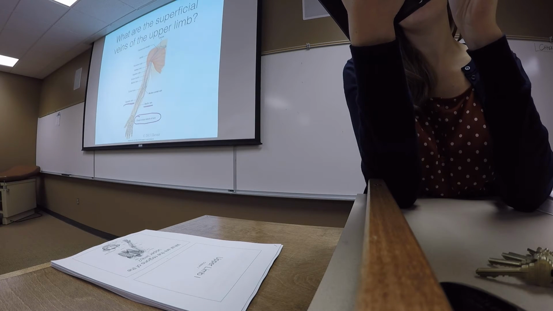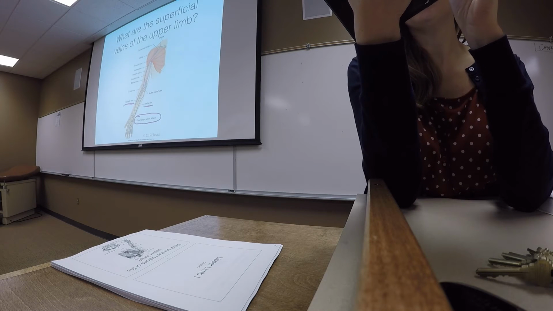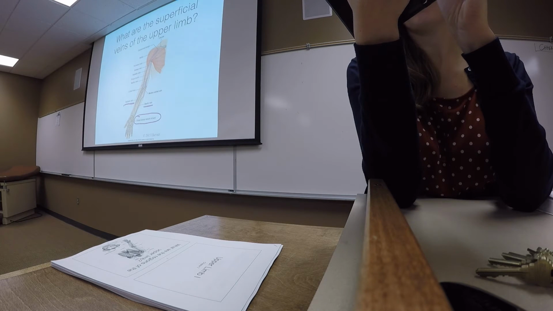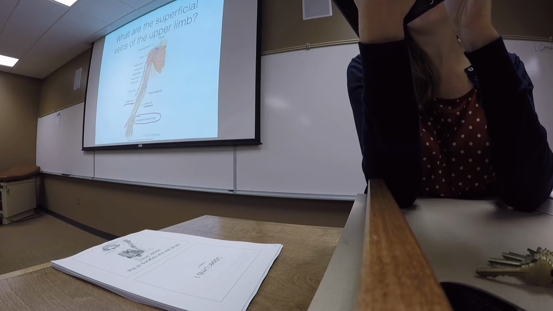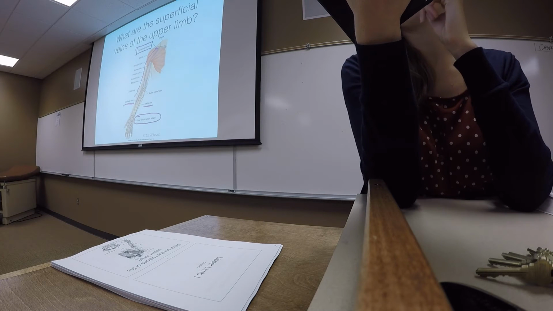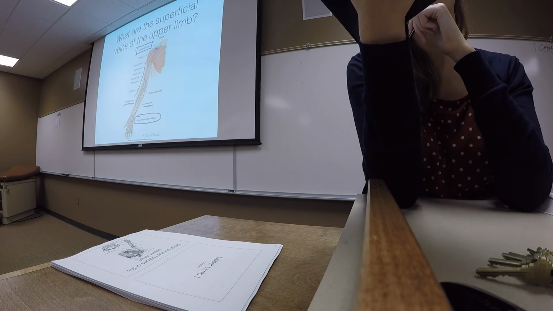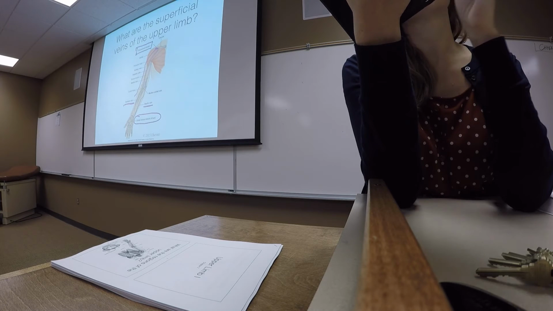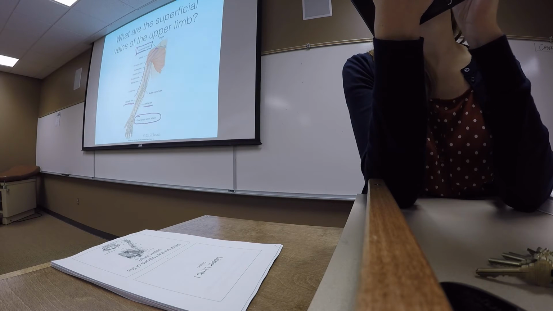Okay. All right, and then finally, superficial veins of the upper limb. So we have the veins beginning with this dorsal venous network of the hand. And the two veins that come out of that are the basilic vein and the cephalic vein. The cephalic vein is the longer of the two. It travels up the limb and dives deep at the clavipectoral triangle to join with the axillary vein. What triangle? Clavipectoral, right here.